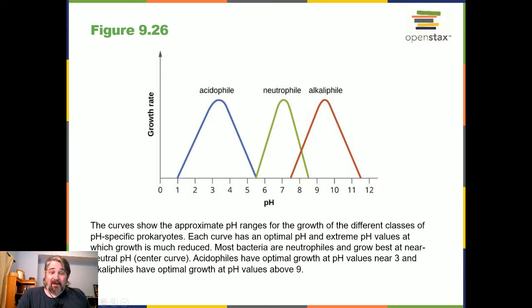So most of the prokaryotes that we have characterized extensively are neutrophiles. An example of an acidophile would be Sulfolobus, an extreme acidophile, and the archaeon Ferroplasma, found in acid mine drainage, which goes down to pH 0.